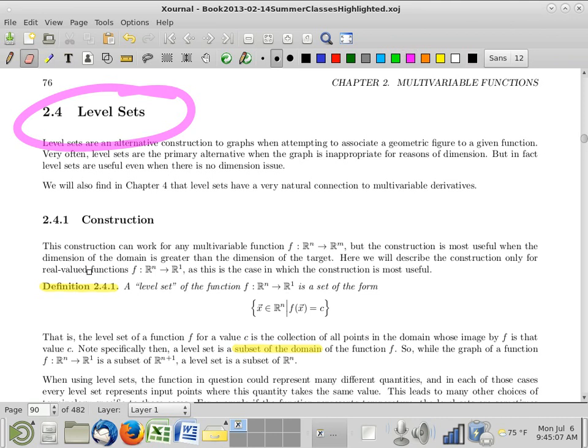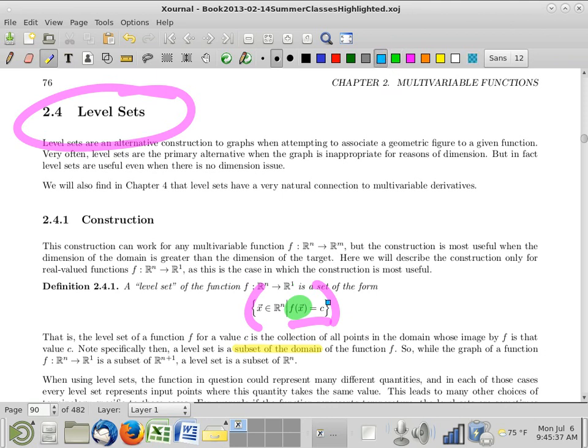Okay, so here's the definition. A level set of a real valued function, and I'm just going to talk about real valued functions here, so specifically real valued because there's a single number that comes out, is the solution set. So we're looking at the complete set of solutions to, again, a certain equation. And again, we're setting the values of the function equal to something.